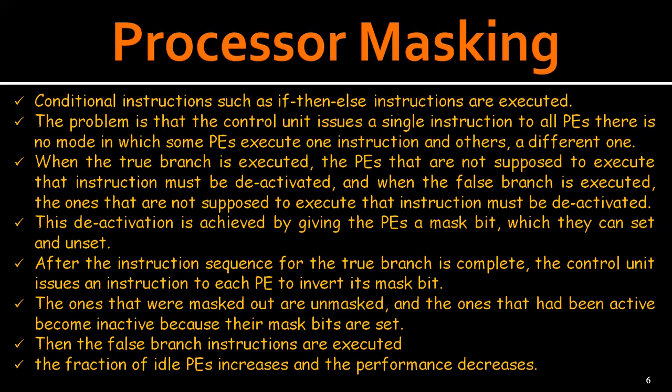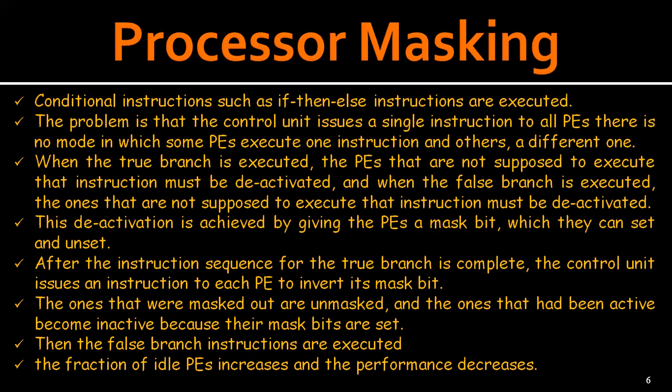This deactivation is achieved by using the given PE's mask bit, which can be set and unset. When the condition is tested by the PE, if it must be deactivated for the next instruction, it sets its mask bit to prevent itself from executing.